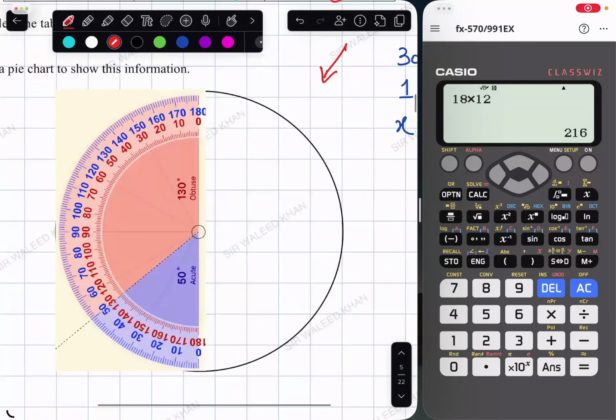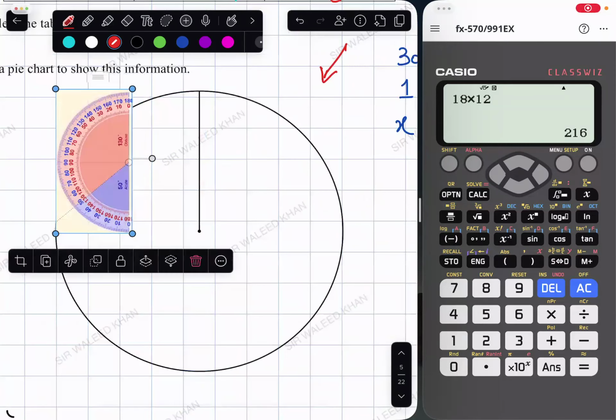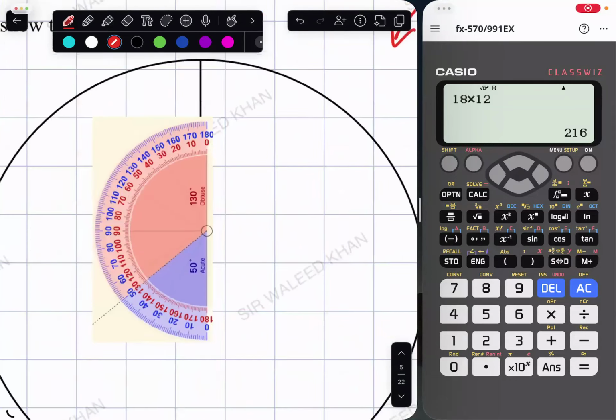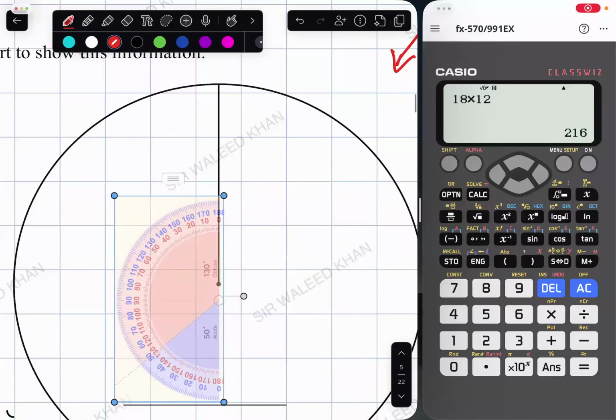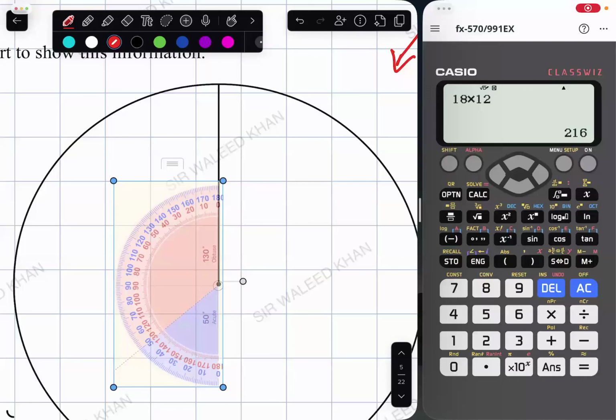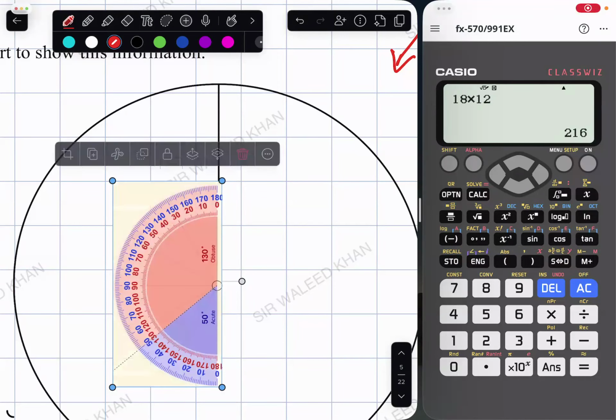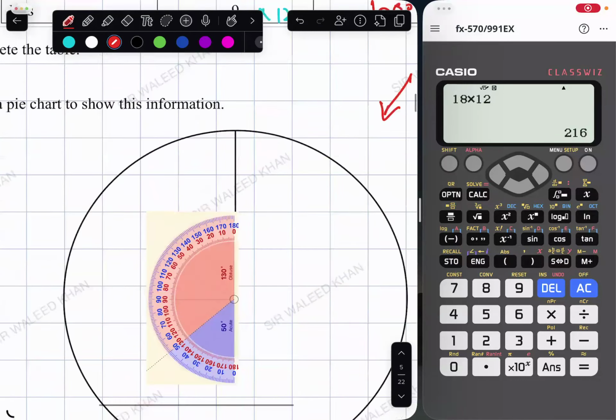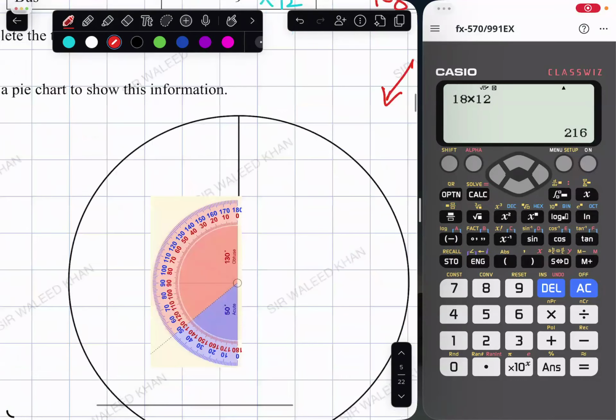Let me just shrink it a bit. Align the center with the center, right? And the line with this. Okay? Now I'm going to look at this red scale and mark an angle of 216. Oh, sorry, the lesser one, because we have 180 degrees, 108.